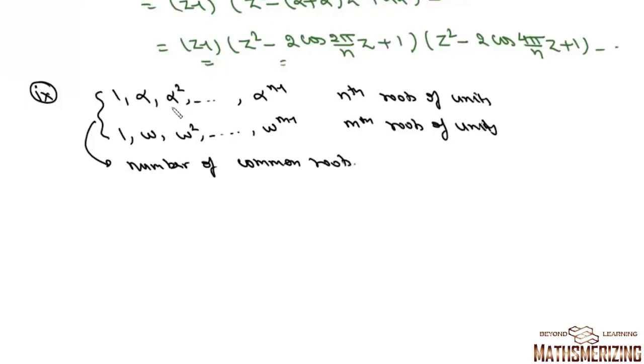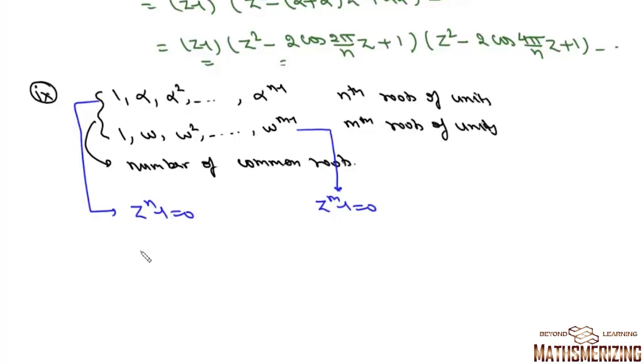Now we know that 1, alpha square, up to alpha to the power n minus 1, they are roots of z to the power n minus 1 equals 0, and then 1, omega square, up to omega to the power m minus 1, they are roots of z to the power m minus 1 equals 0.